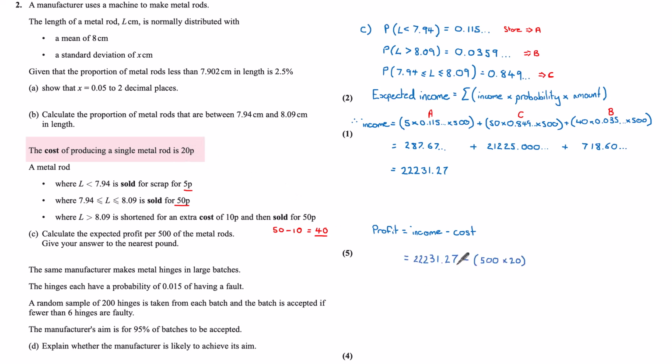This means that our income currently of 22,231, we need to subtract 500 times 20, which was our initial cost for each rod. It gives us a final value of 12,231.27. Again, I'm in pence. I want my answer to the nearest pound. So my expected profit is £122.